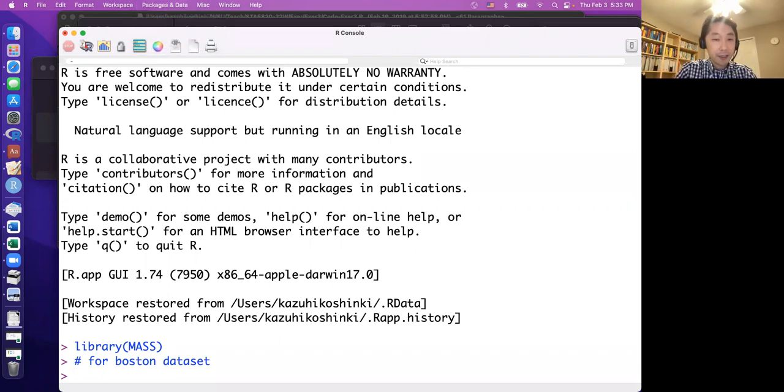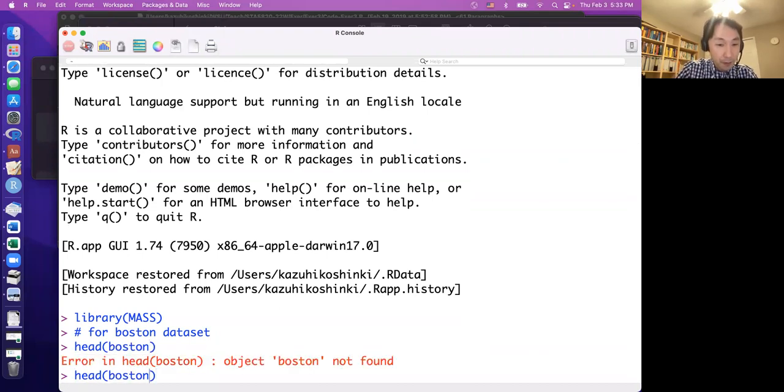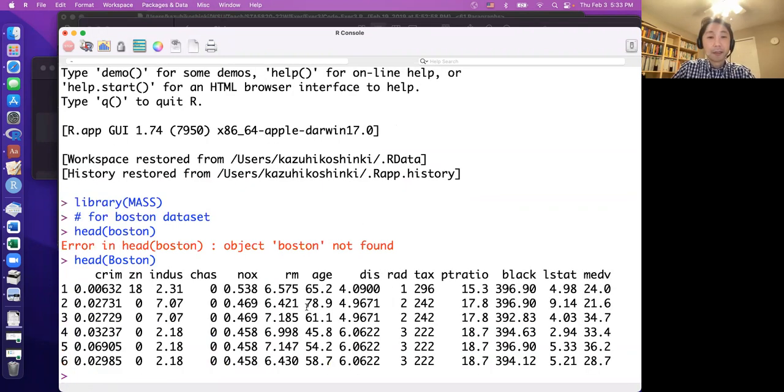And the Boston dataset is actually the capital B is this. The last column is the median value of the house. Each line means each town in the Boston suburb.